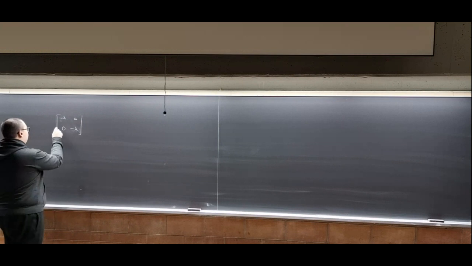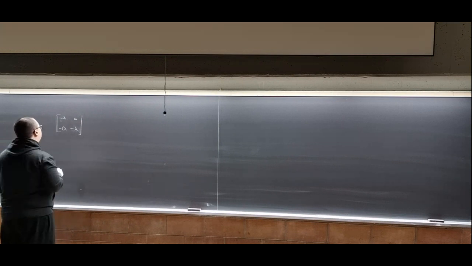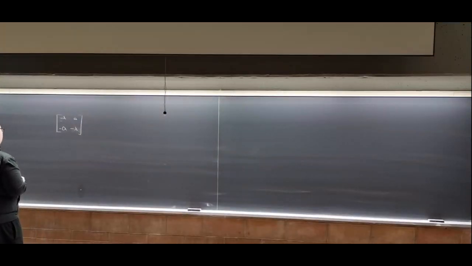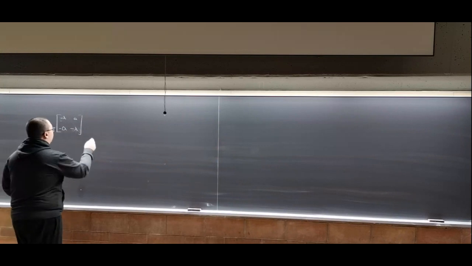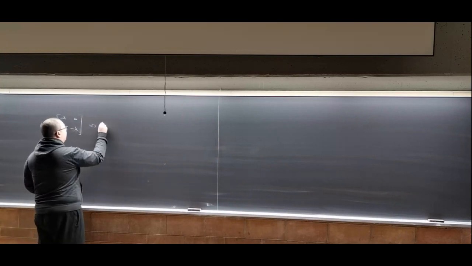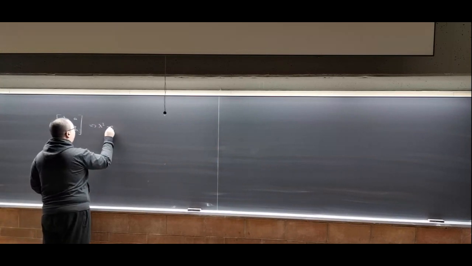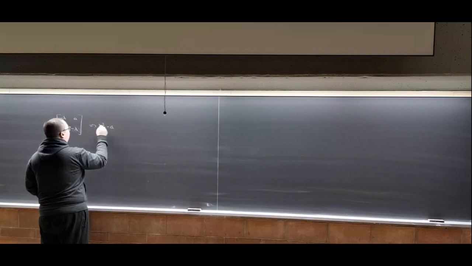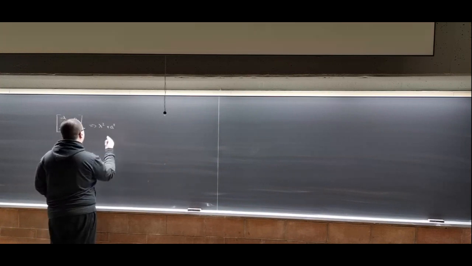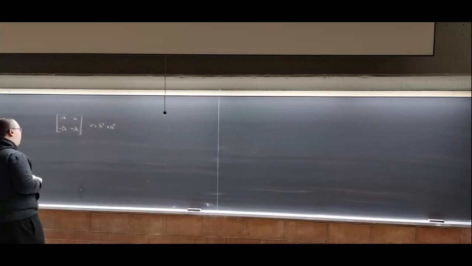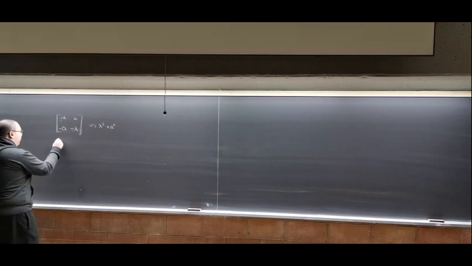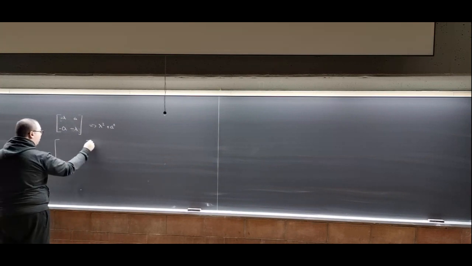It should be negative a. So for 2 by 2, it does work. This would be lambda squared plus a squared, which would imply that it is 0 or purely imaginary. But for a 4 by 4 matrix, I don't think this is true.